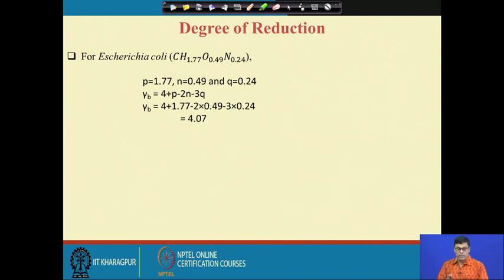Now, in case of Escherichia coli, this is the formula that we have just now found out, and what will be the free electrons? This is 4, then 1.777 into 1, then 2 into 0.49 and 3 into 0.0, so it is coming about 4.07. So, I hope it is clear to you.